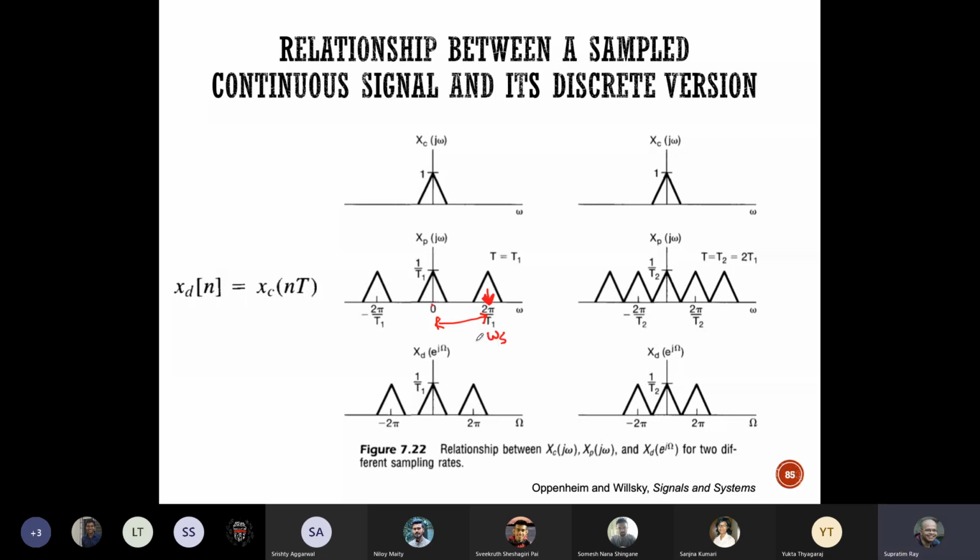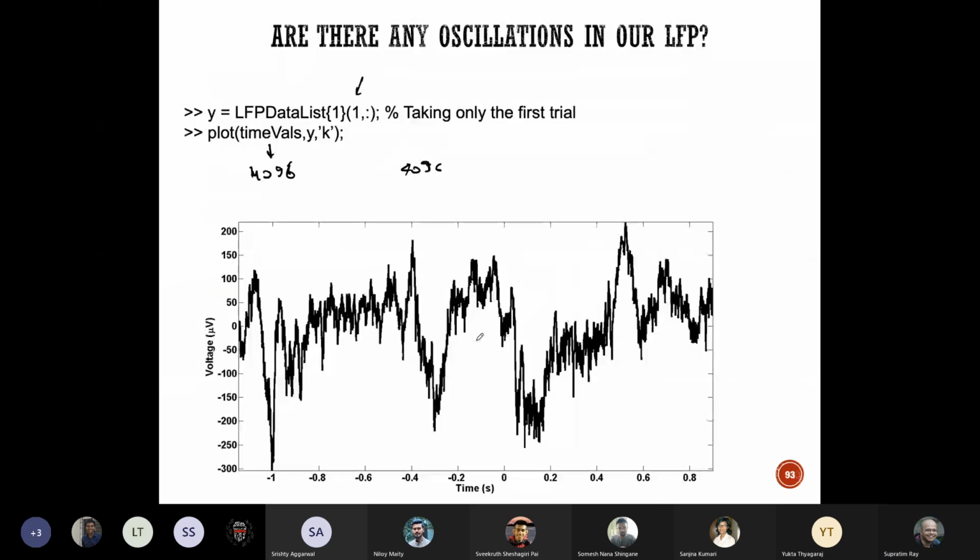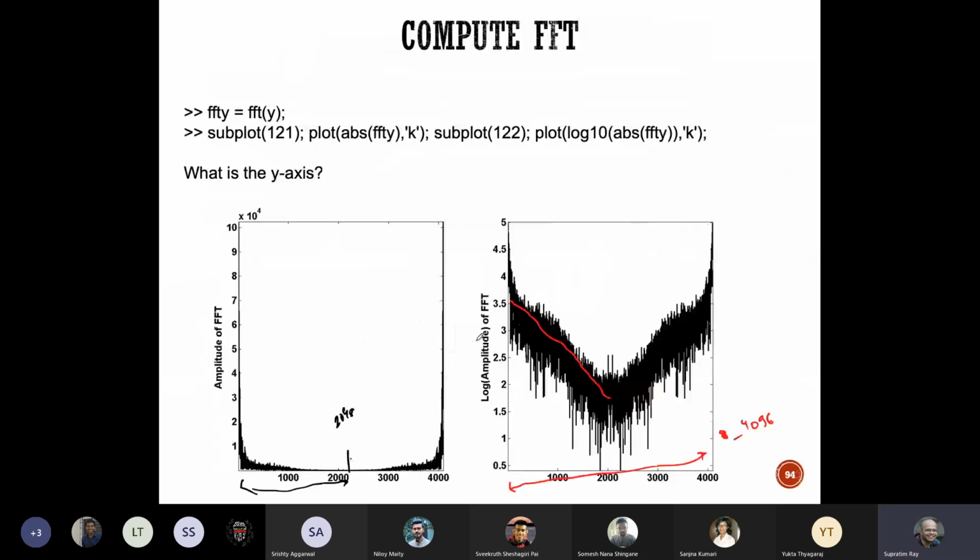So what we are seeing here, 4096 samples go from 0 to Fs, the sampling rate, which in this case is 2000 Hertz. Notice that I have to provide you this information. You can't get it just from this because this is in samples.